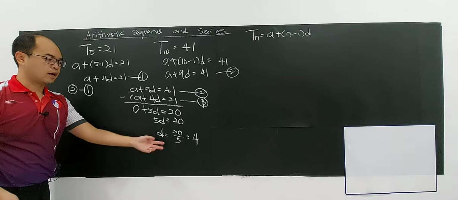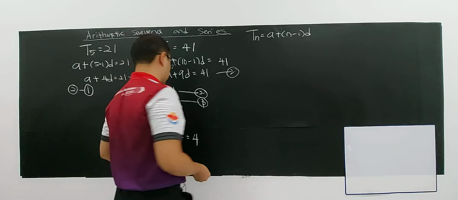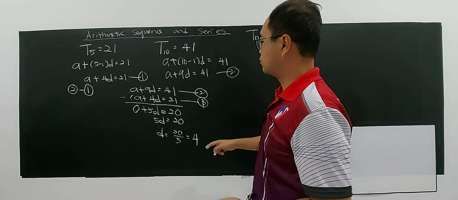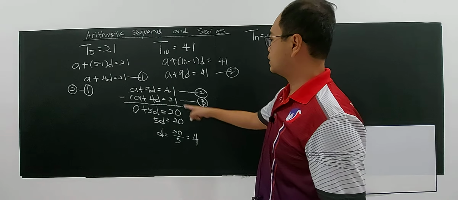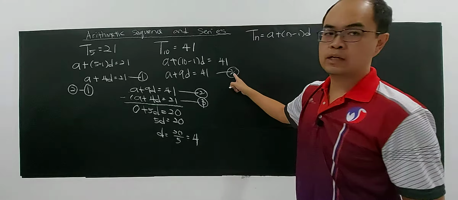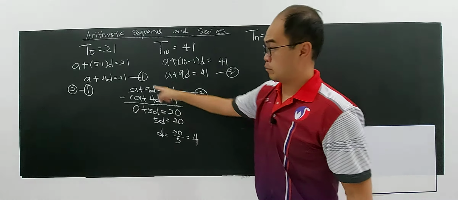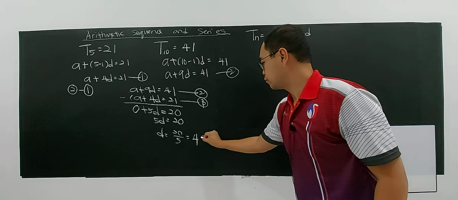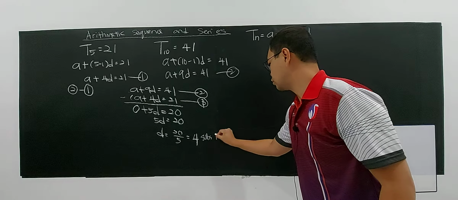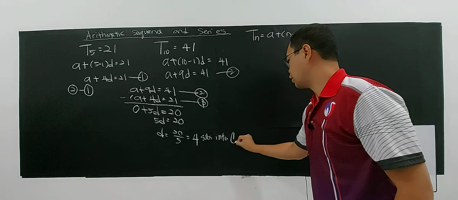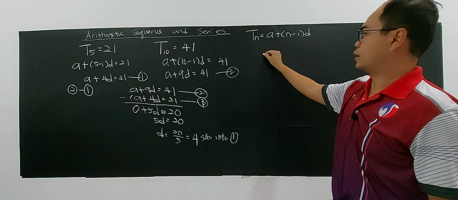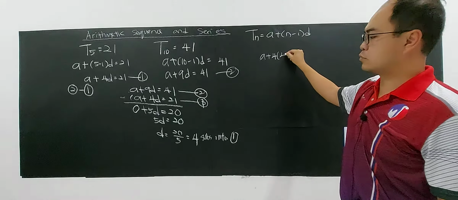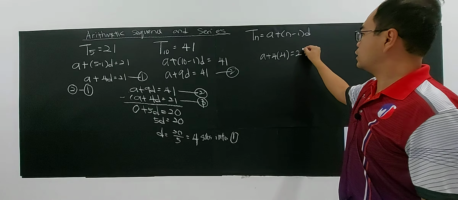Now you have the value of the common difference. You can use it to find the first term by substituting into either equation 1 or equation 2. Either one is okay. I substitute into equation 1, so a + 4 times d, where d is 4, equals 21.